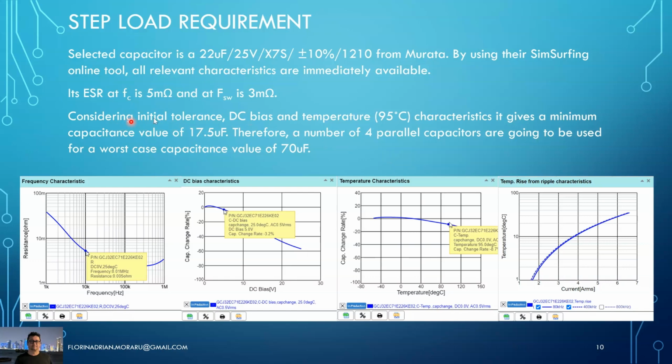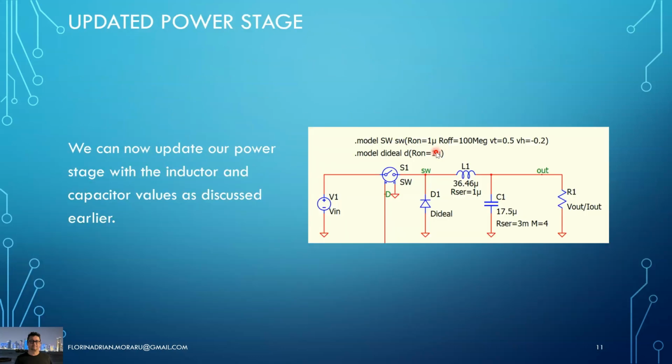Okay, so applying all those dependencies, we end up with a worst case capacitance value of 17.5 microfarads. Therefore, in order to have the 60-something microfarads, we would need 4 parallel capacitors, giving a value of about 70 microfarads.